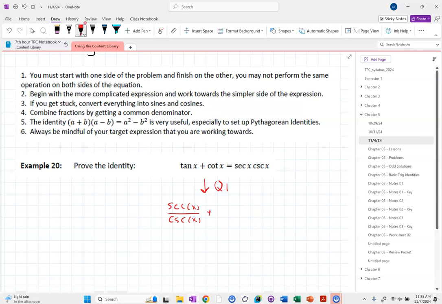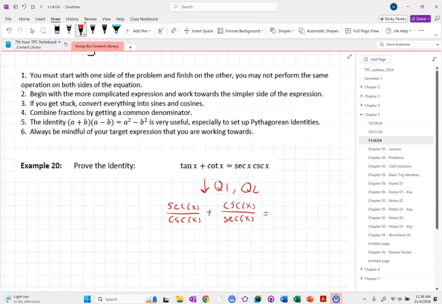Not an unreasonable thing to think. Everybody's okay? Similarly, we'll do the same thing for cotangent, and write that as cosecant over secant. Everybody's okay so far, so good?